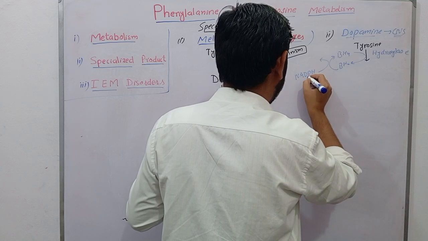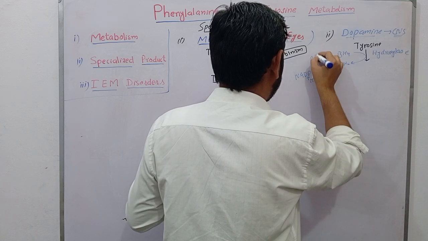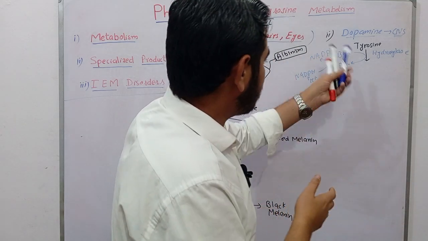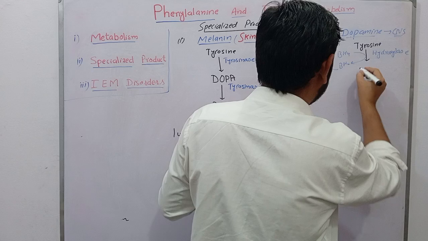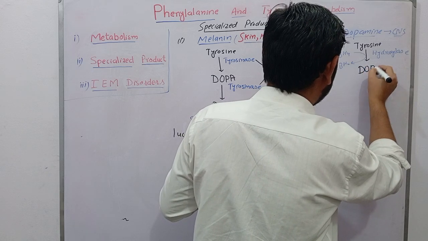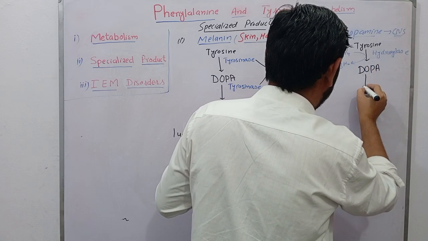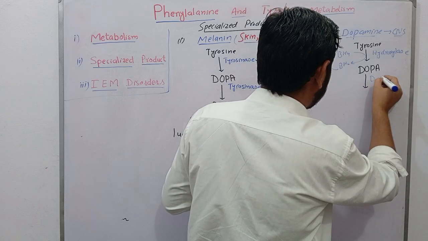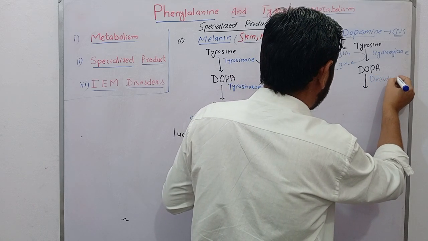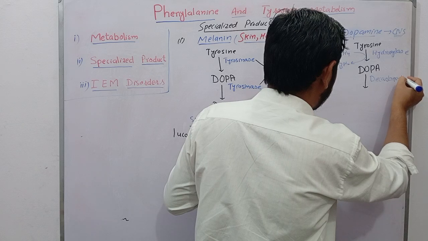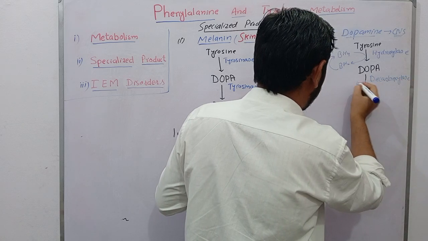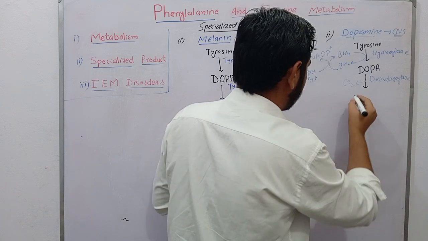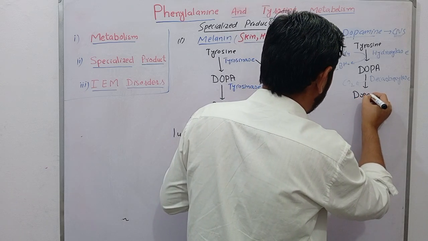NADPH and H plus form NADP plus. Tyrosine converts into dopa, dihydroxyphenylalanine, and in the next reaction, with the help of decarboxylase enzyme, there is a loss of carbon dioxide and a formation of dopamine.